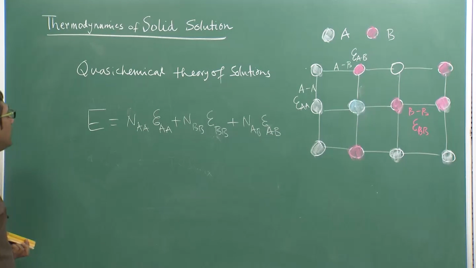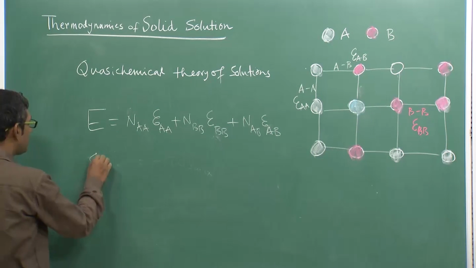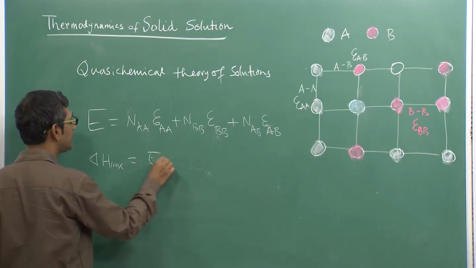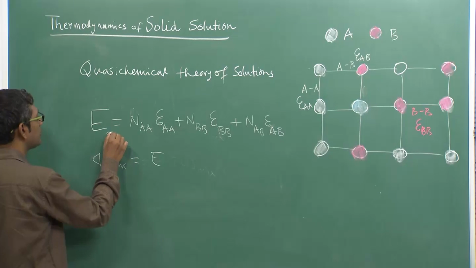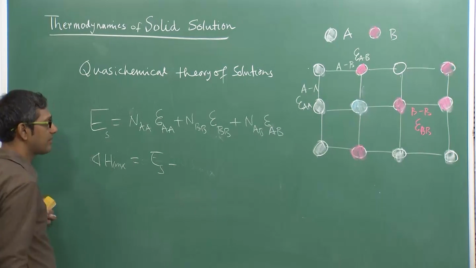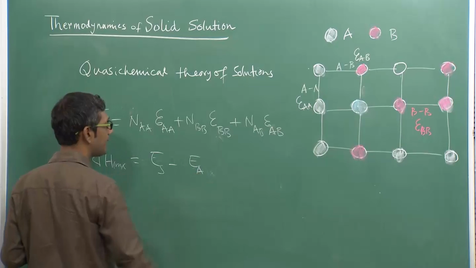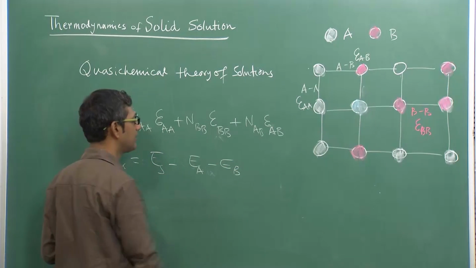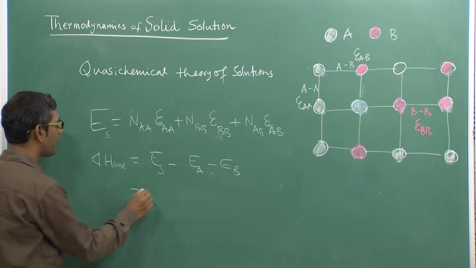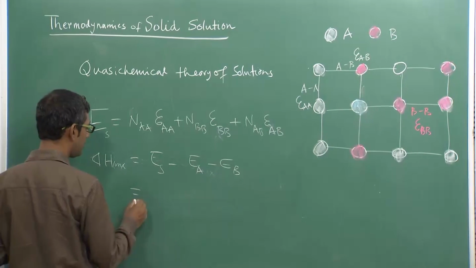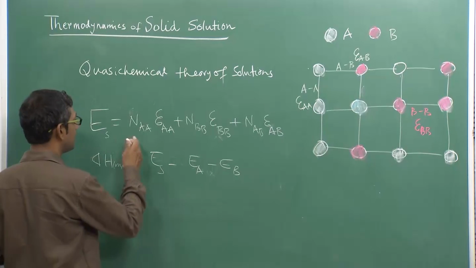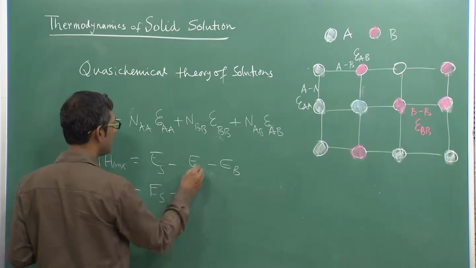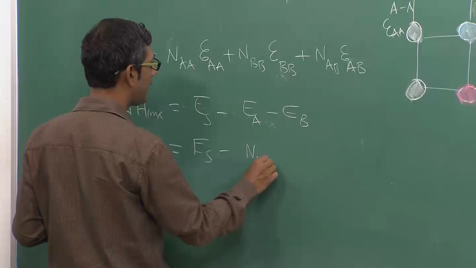Correct. So delta H mix is related to E, suppose this is E of solution minus E of pure A minus E of pure B. Then we can clearly write that this is E of solution minus the number of bonds from AA.